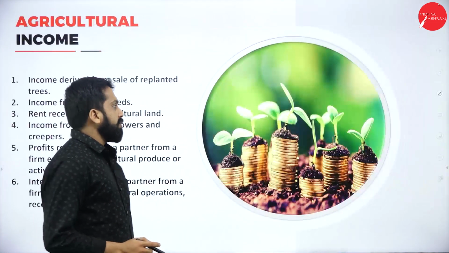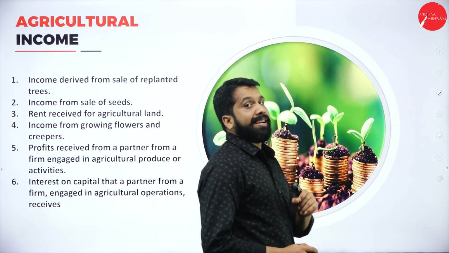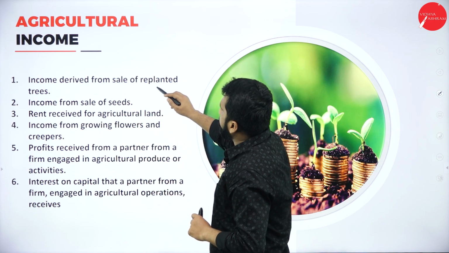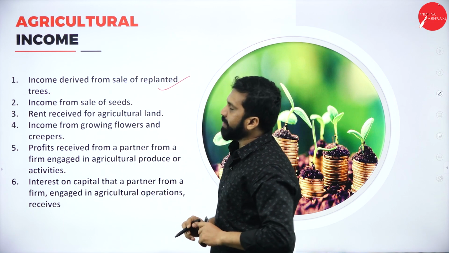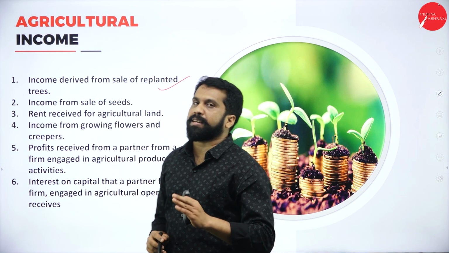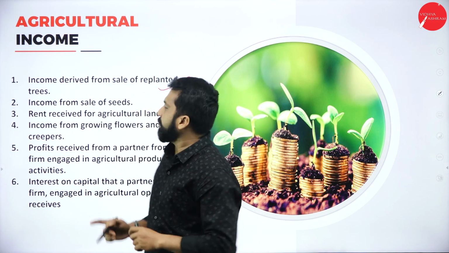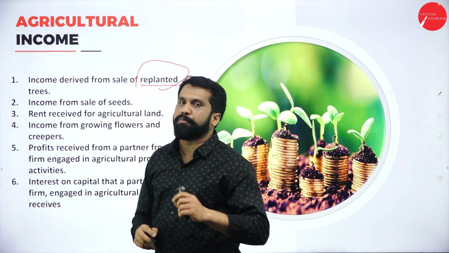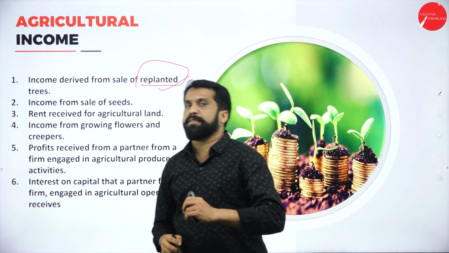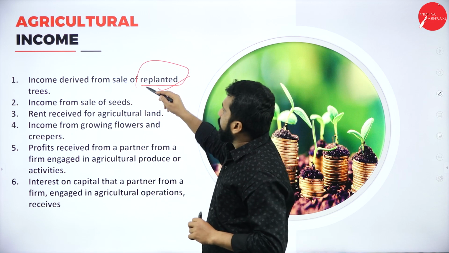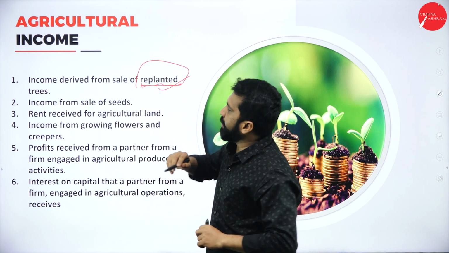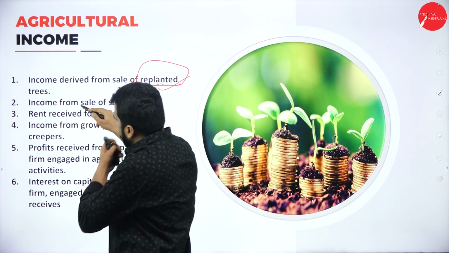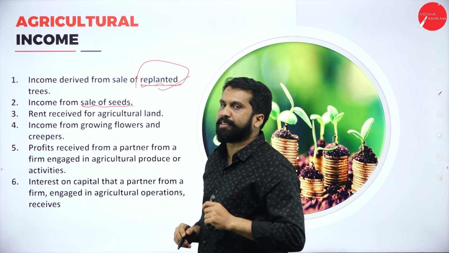We'll go for which items come under agricultural income. Income derived from the sale of replanted trees; like you have nursery shops, whatever replanted things are there come under agricultural income. Income from sale of seeds is agricultural income.